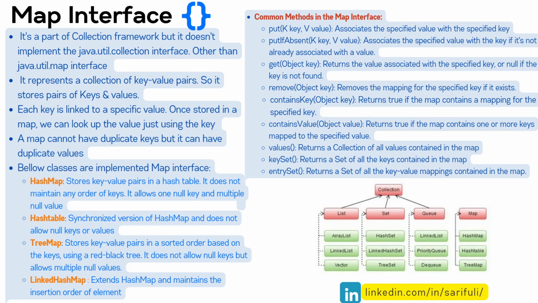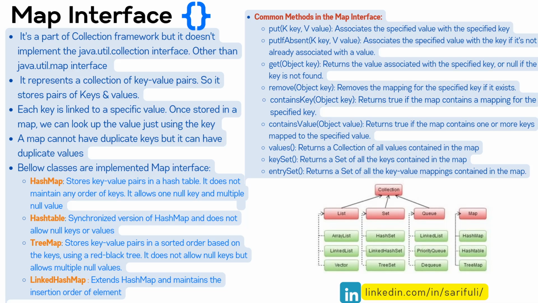Let's see a couple of common scenarios for when to use a map. An example is a map of managers and employees. Each manager, you can consider as a key, is associated with the list of employees he manages, which you can consider as the value.